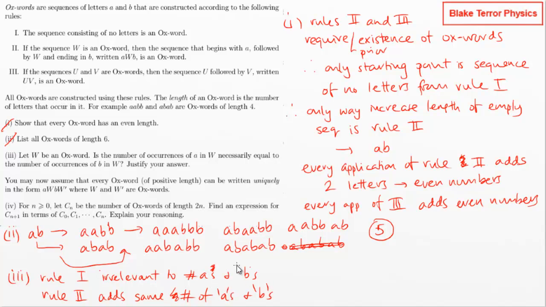These quote marks or little apostrophes are not coming out very well on here. So rule 2 adds the same number of A's and B's, so that's going to be fine. And then rule 3, what's rule 3 doing?